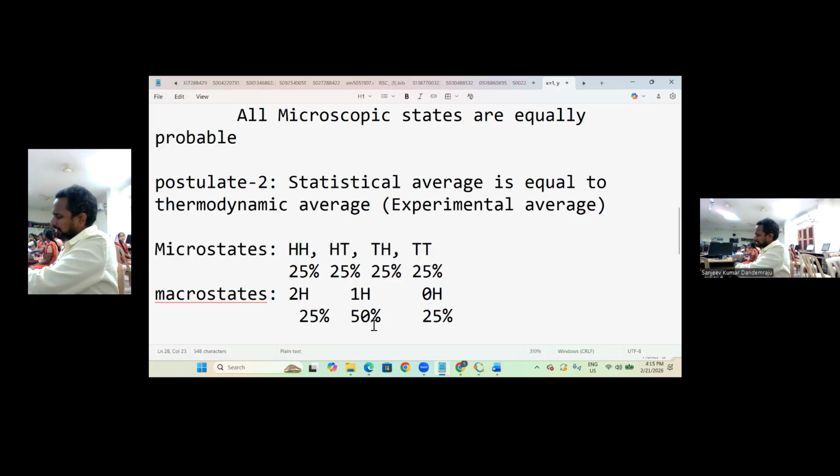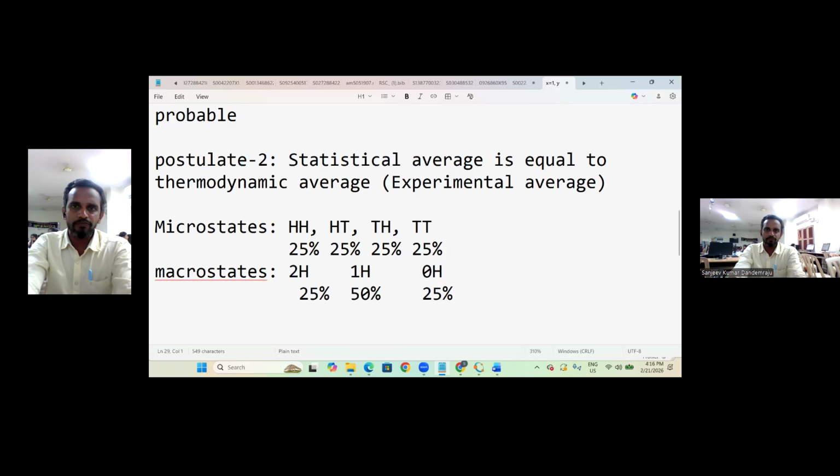And the second rule, statistical average: we have to get the thermodynamic average or experimental outcome. Let's say a probabilistic outcome. What is the probability? So how to calculate that outcome?